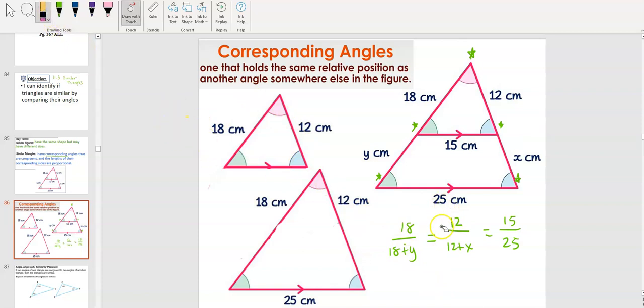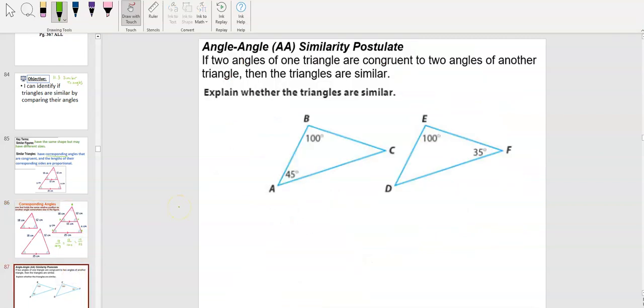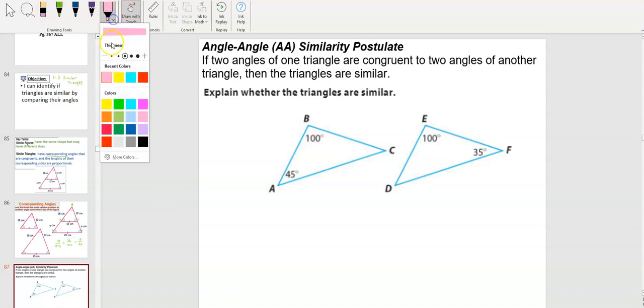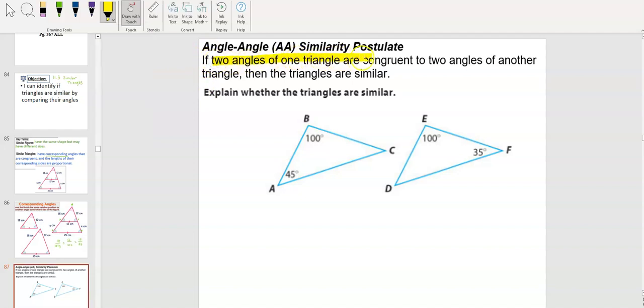And we're going to learn and focus about one main thing that's going to help us identify if our triangles are similar or not. Okay, so we are going to focus on the angle similarity postulate. And angle angle, or AA, refers to the fact that if two angles of one triangle are congruent to two angles of another triangle, then they are similar.